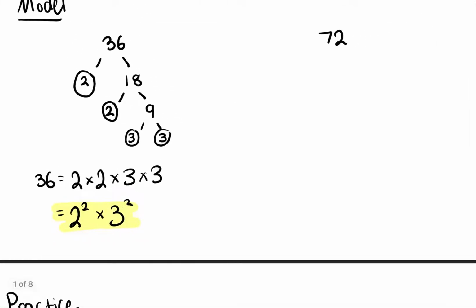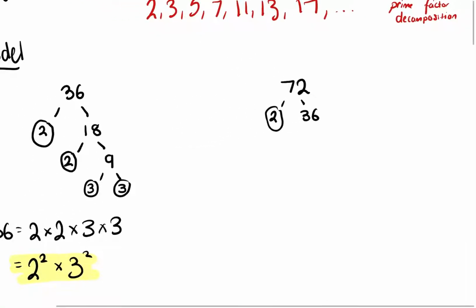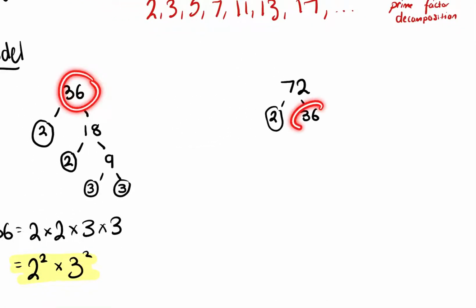Okay, 72. Now let's start it off with 2, yes it can, times 36. This might be pretty easy now, because we've just done 36. Great, let's just copy what we've done. So it's going to be 2 times whatever we've just done there.